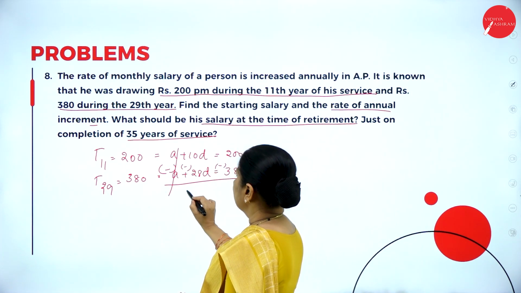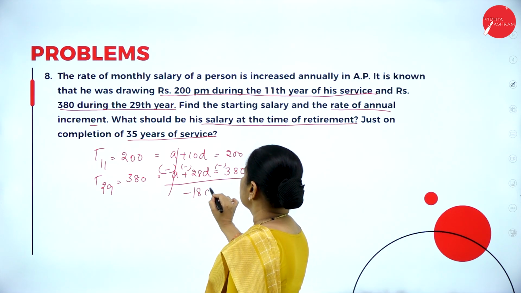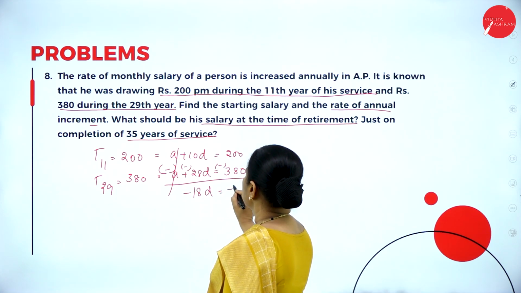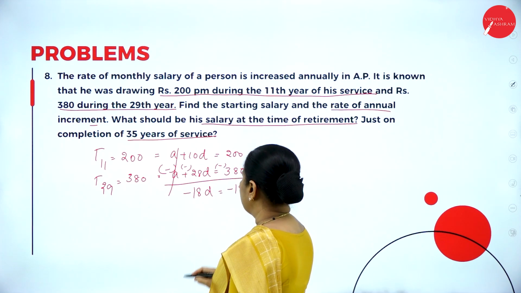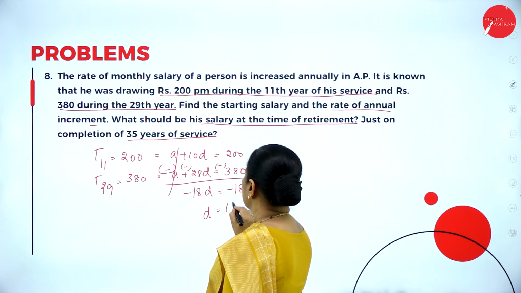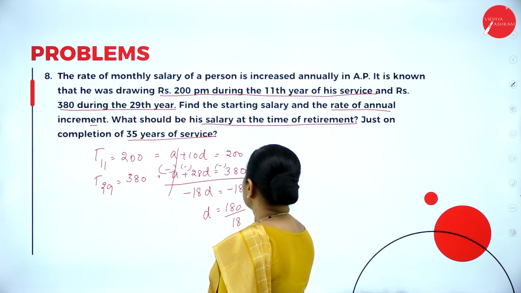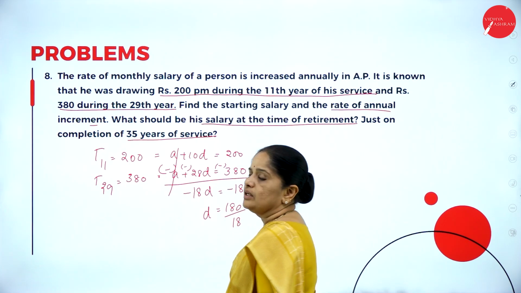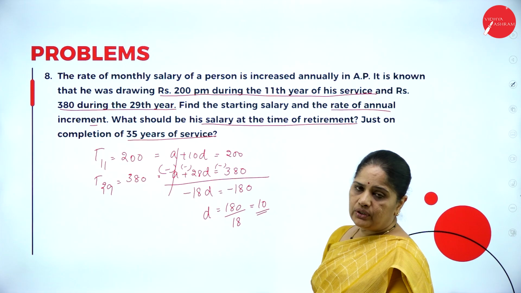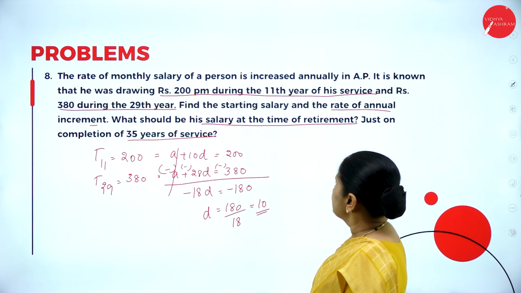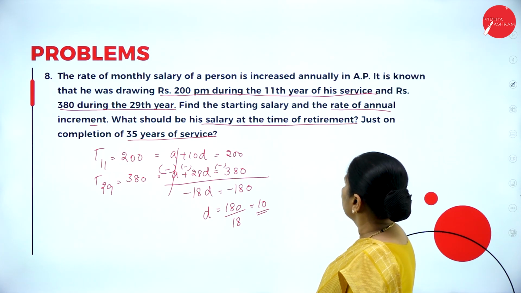So 28 minus 10 will be 18, and 380 minus 200 is 180, so D equals 180 by 18, that is equal to 10. So D is equal to 10. Every year he gets an annual increment of 10 rupees.